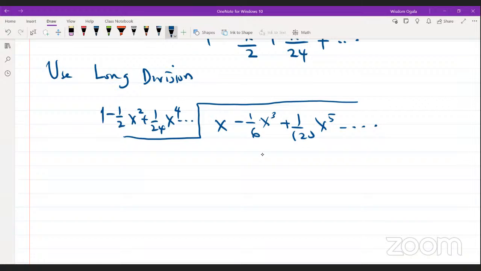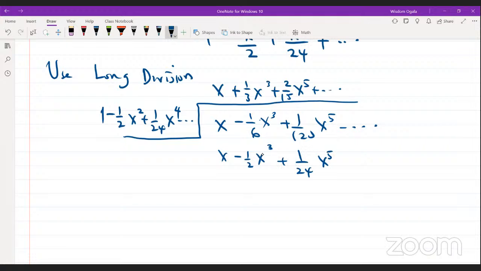But when you do the division, it's going to be this on the top: x minus 1 half x cubed plus 1 over 24 x to the 5th. I need to get rid of x, so I subtract.